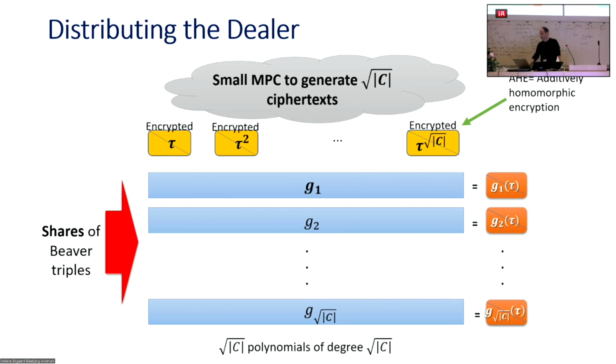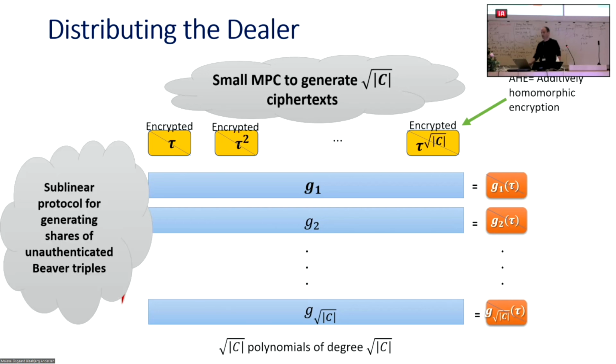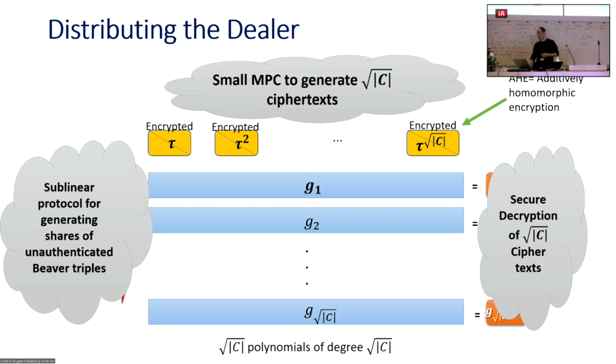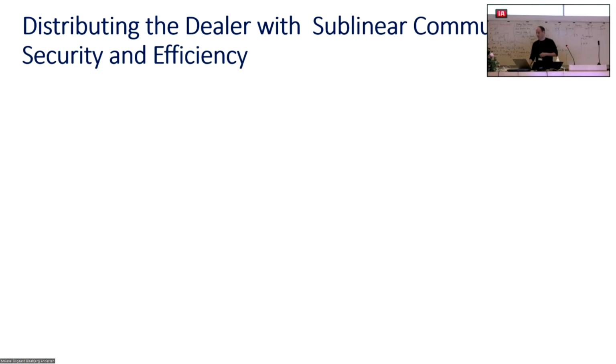For generating the Beaver triples, as we said before, we can use, for example, PCGs for unauthenticated Beaver triples. And finally, the parties need to interact in order to decrypt a square root amount of ciphertexts. So overall, the cost is sublinear in the size of the circuit. So this is how we distribute the dealer.